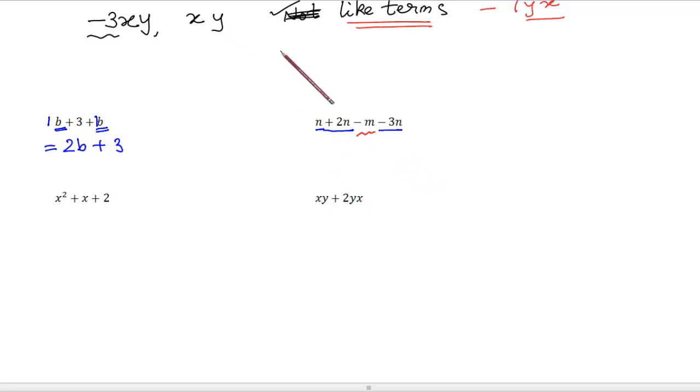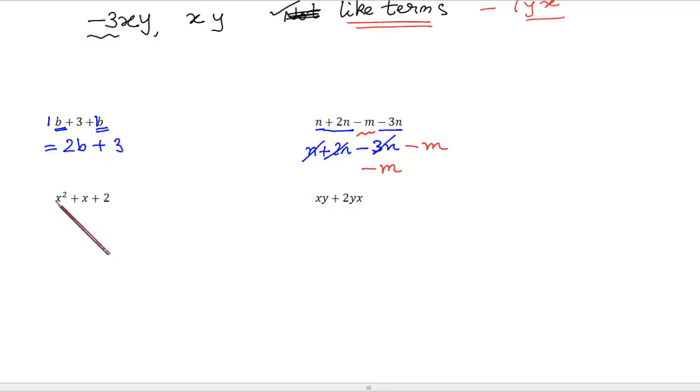So we can add n plus 2n and -3n together and -m separately. So what is 1n plus 2n? 3n. 3n minus 3n is 0n. So we can simply cancel this out. No need to write 0n over here. So the answer to this is -m.